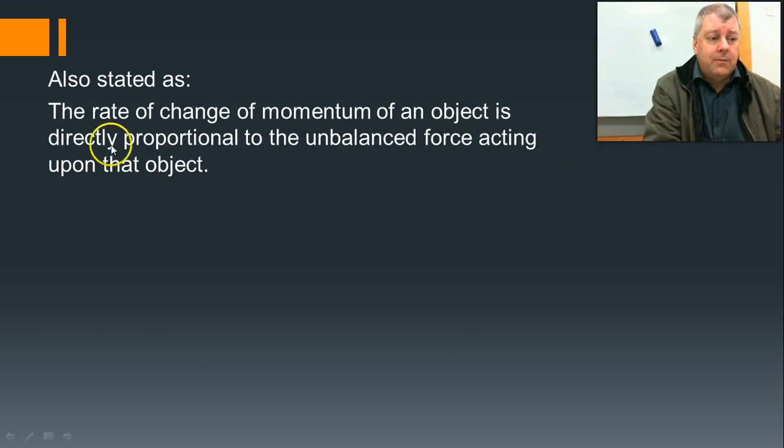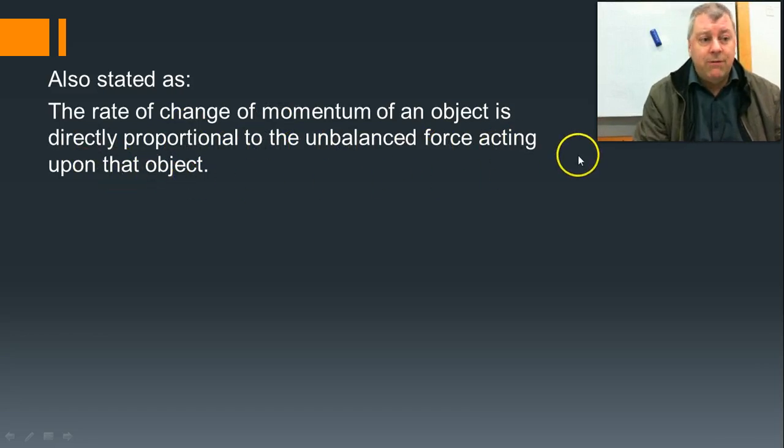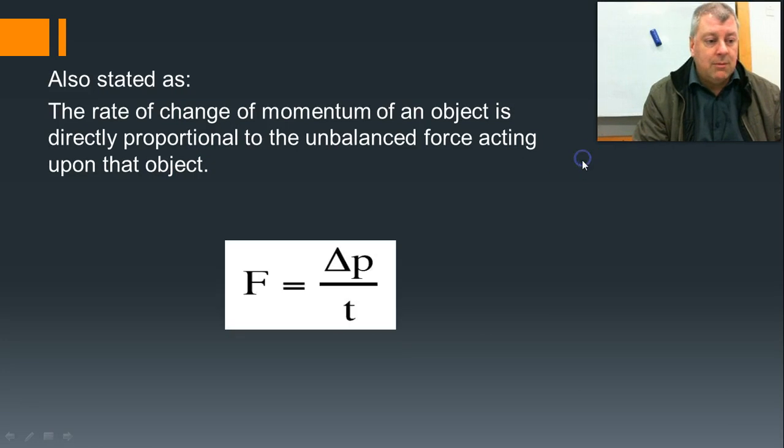It can also be stated that the rate of change of momentum of an object is directly proportional to the unbalanced force acting upon that object. So Newton's second law can be framed in terms of change of momentum and forces. What does that mean? Well, it's on our formula sheet. Here's our force, the unbalanced force.